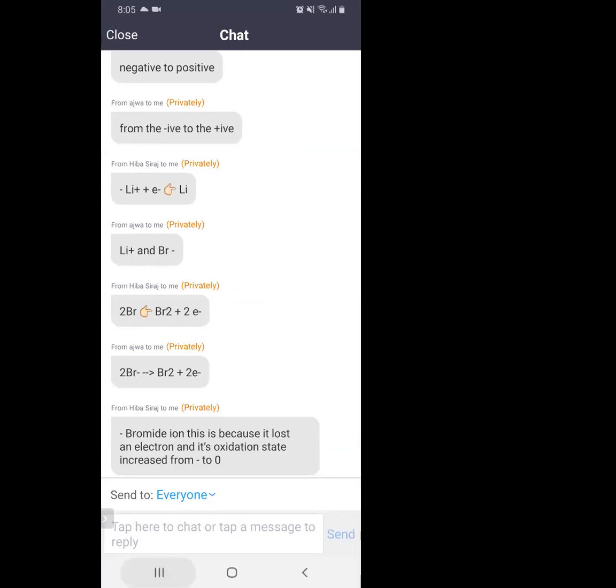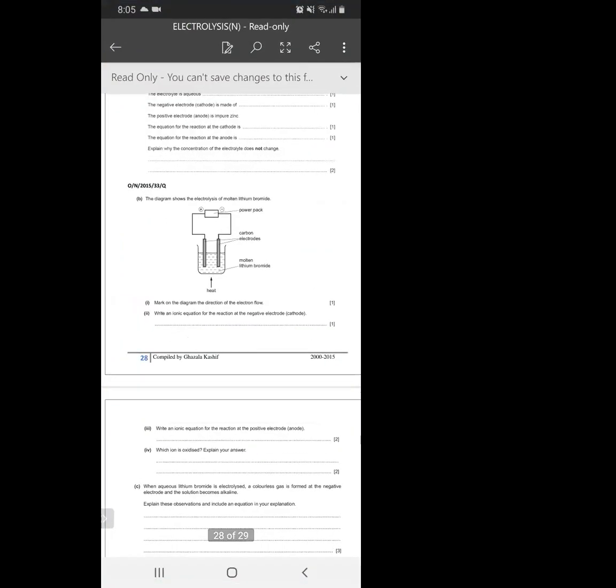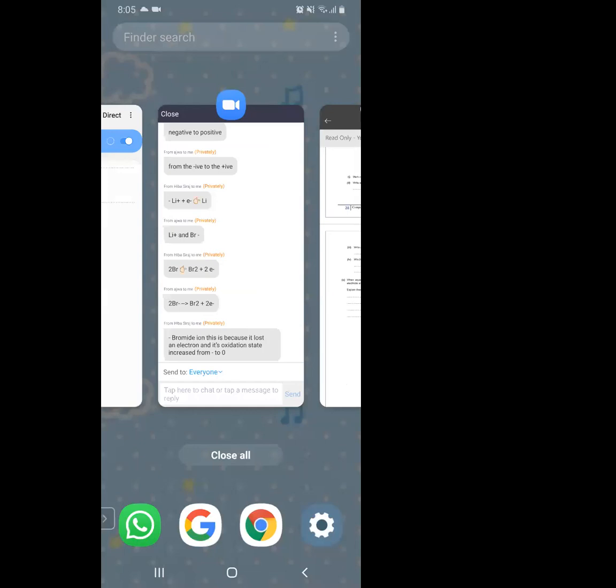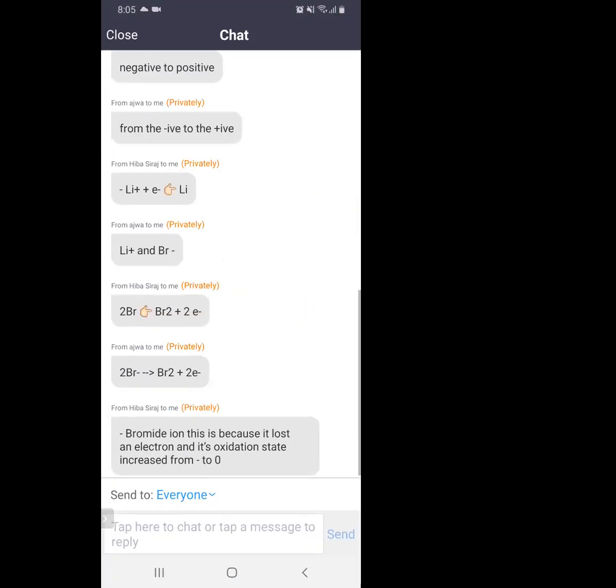Okay, good job. Next, when aqueous lithium bromide is electrolyzed, a colorless gas is formed at the negative electrode and the solution becomes alkaline. Explain these observations and include an equation in your explanation. So what is this colorless gas, first of all?